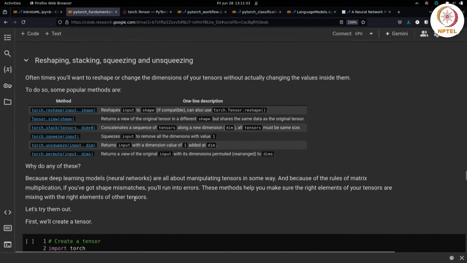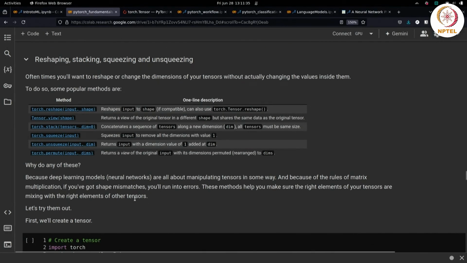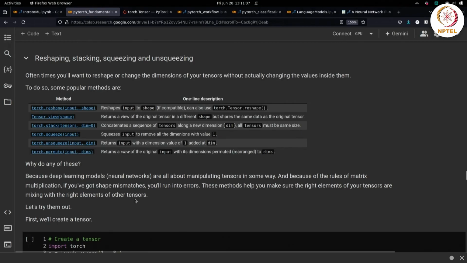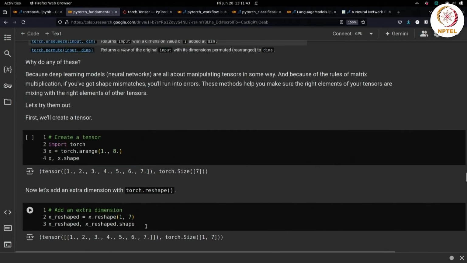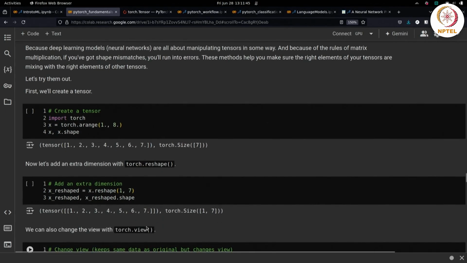One more operation that comes quite frequently in PyTorch neural networking code is this idea of converting the shape of a tensor. Let me show an example. Here we created some tensor, which is a vector of size 7.